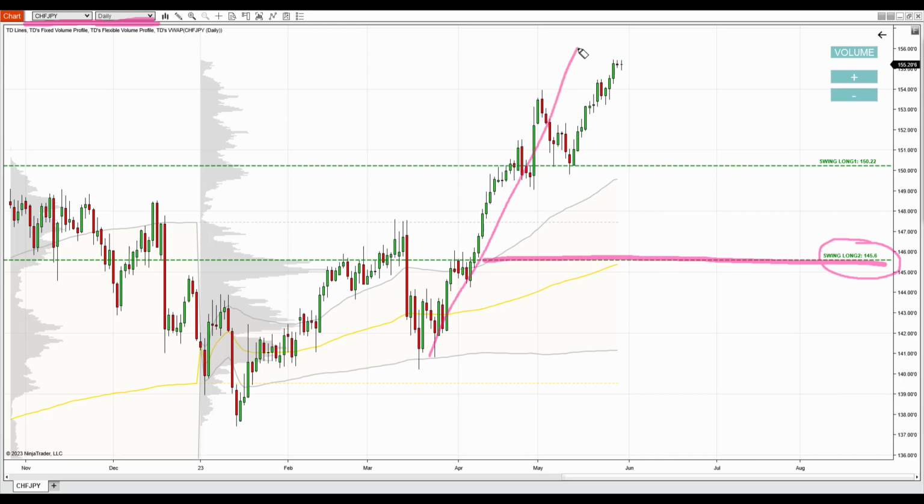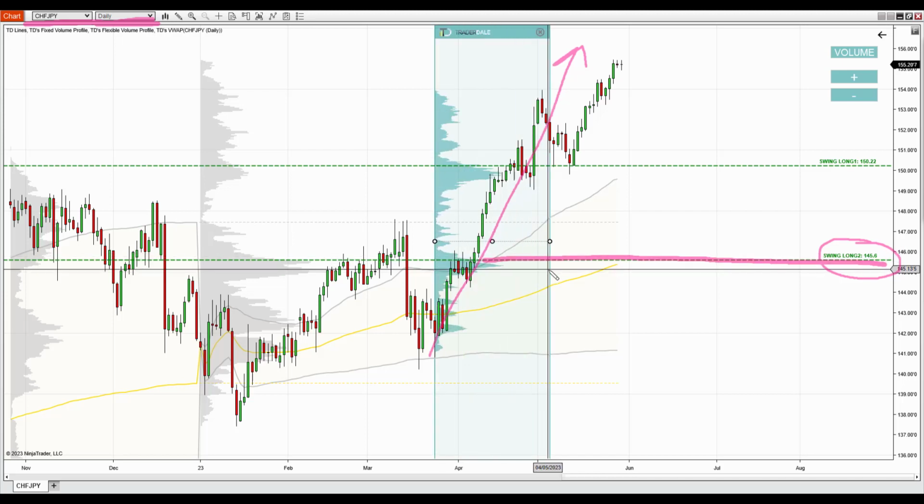So when there's a strong trend, like for example this one, then I use my flexible volume profile indicator to look into that trend, to see the volume distribution within the trend. And what I look for is significant volume zones, like this one or this one.